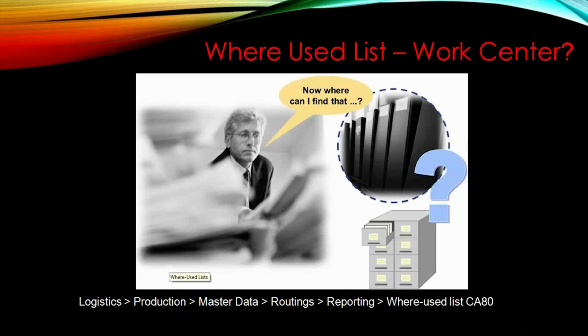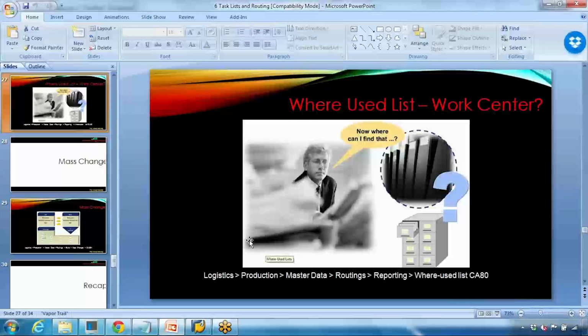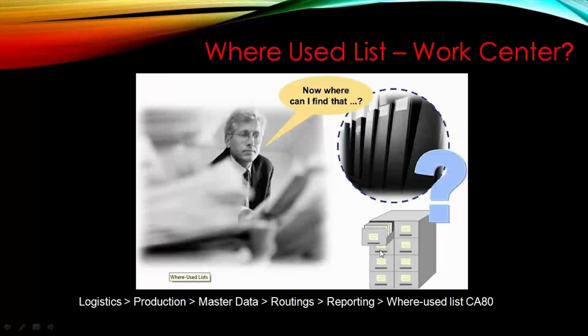Next we're going to talk about reporting and routing. Reporting. So basically we have a reporting here called where used list for the work center. So if you want to see where my work center is used, for example, suppose we're using a work center or a machine in my company and that is used in different routings for different materials.